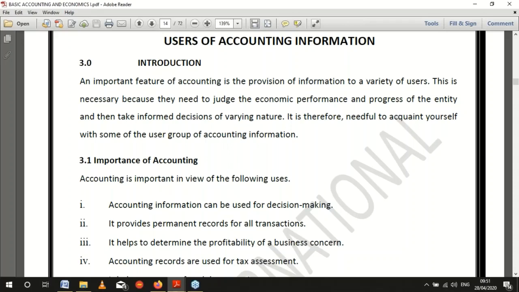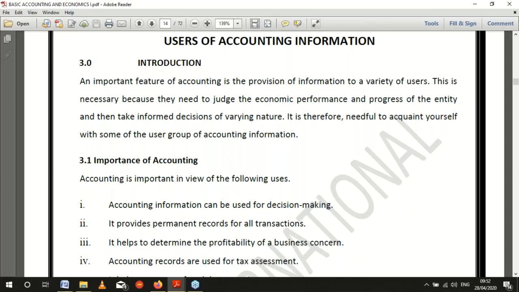Number three, it helps to determine the profitability of a business concern, whether you want to know if your business is making money or not, or you are running at a loss, or you are running in a profitable way. Then number four, accounting records are used for tax assessment.